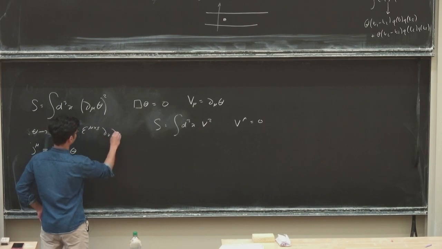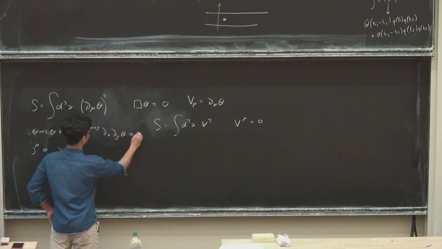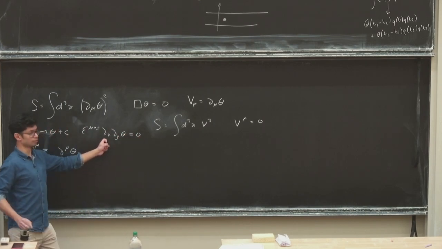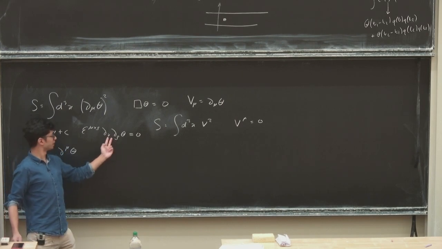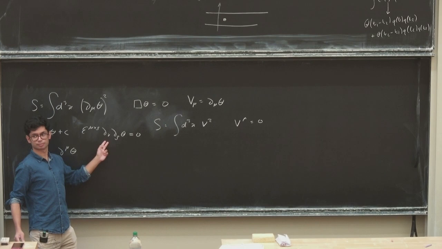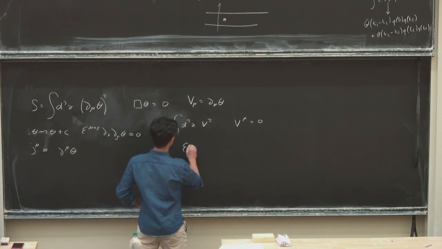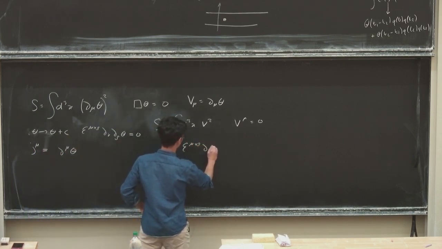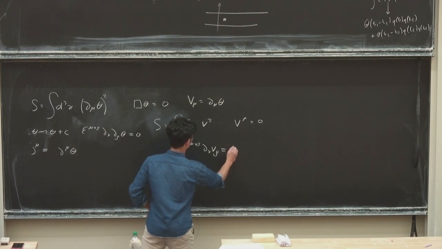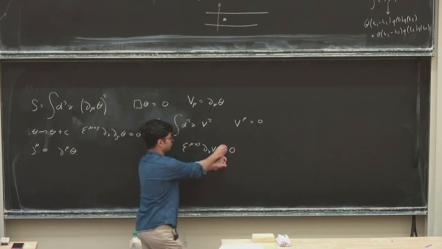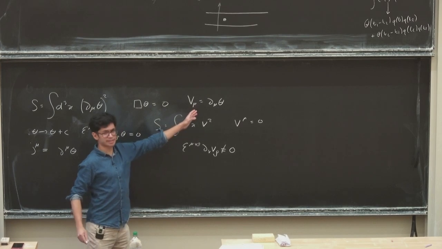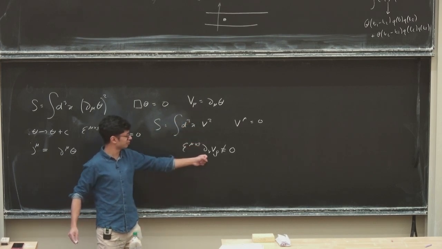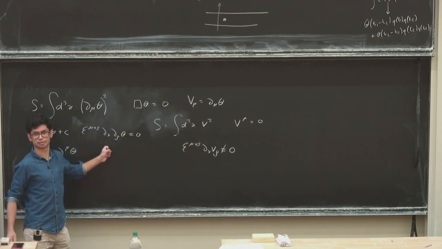So for example, this is always 0 for any field configuration theta, because of the antisymmetry of the partials. On the other hand, this is not 0 generically for any field configuration v. In other words, if I want to make v my basic degree of freedom, I'm counting field configurations that should not exist from this point of view.